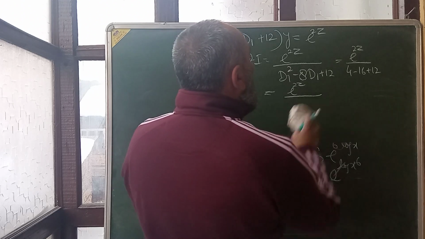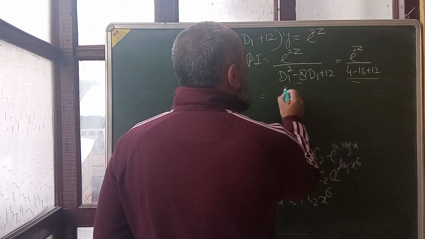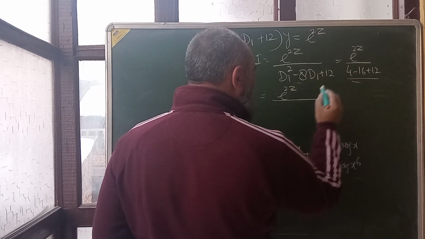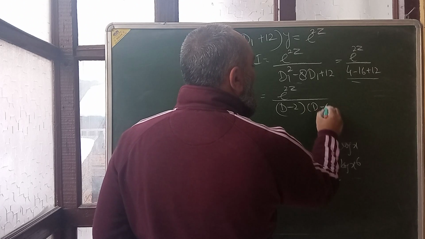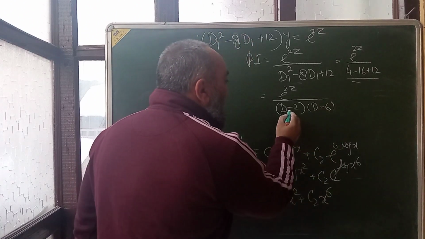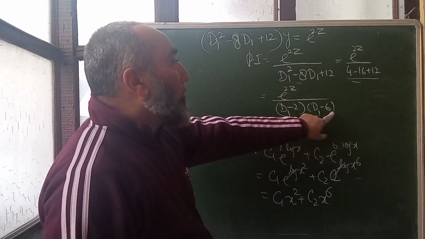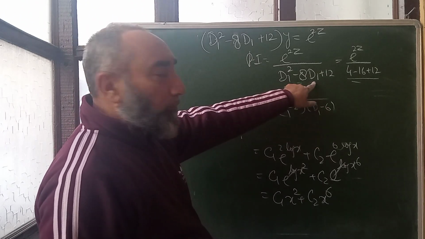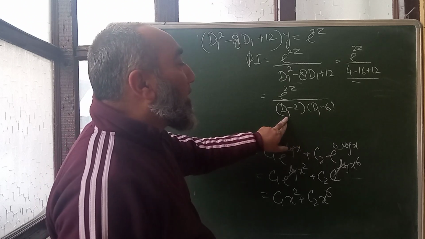So what is the method? Case of failure. So this is e to the power 2z, and you have two factors. What are the factors? Not D, here you have D1: D1 minus 2 and D1 minus 6. Now, this is the factor which doesn't vanish, and this is the factor which vanishes.